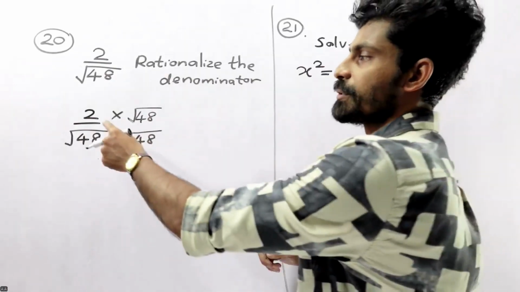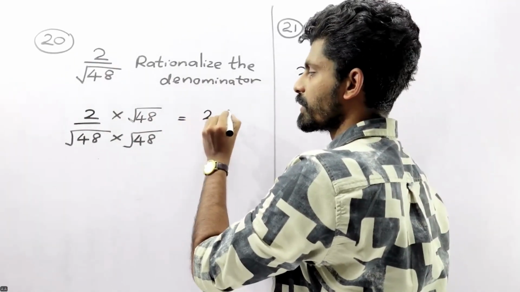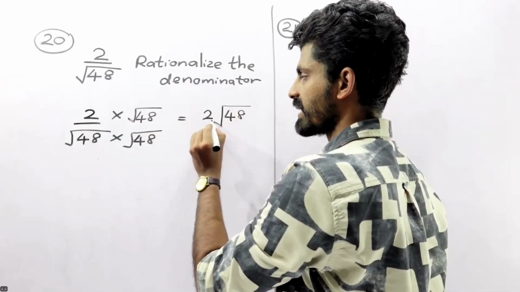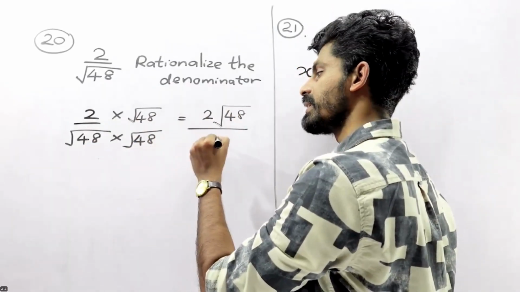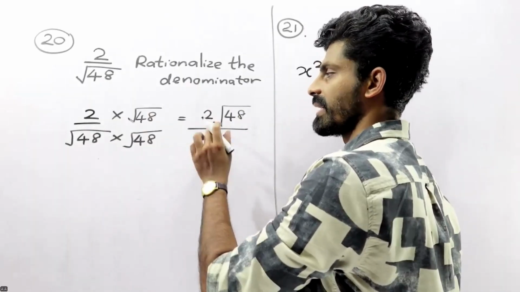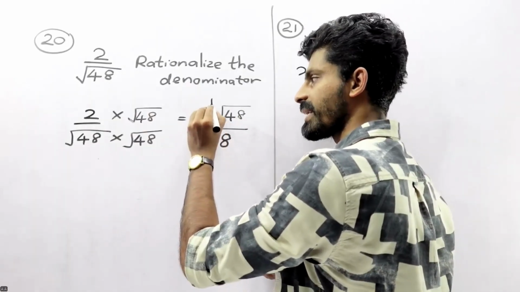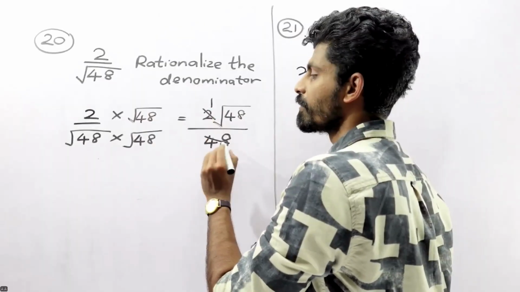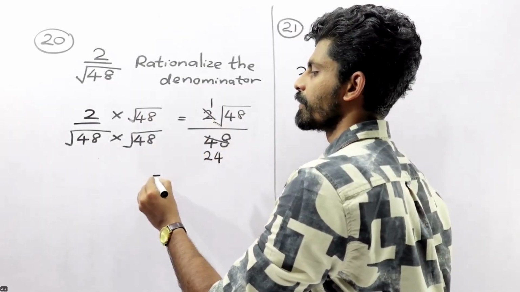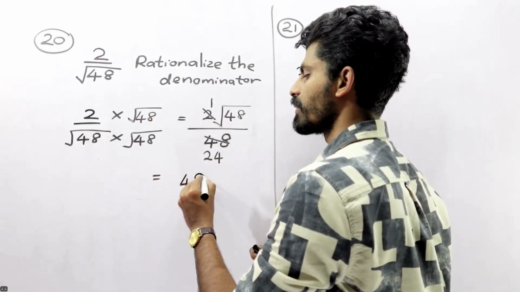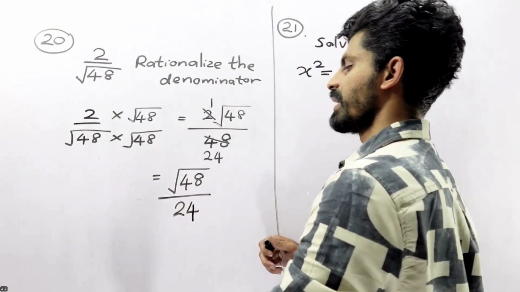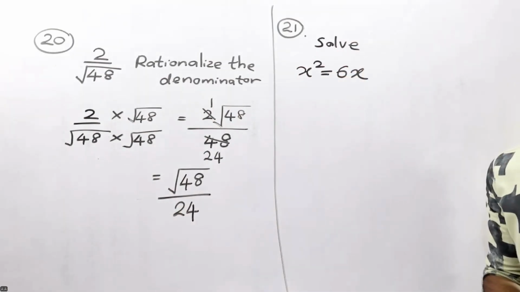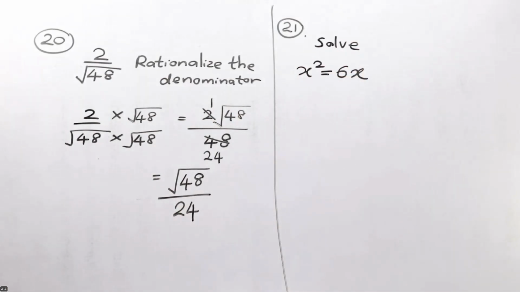Then 2 multiplied by the square root of 48. The square root of 48 multiplied by the square root of 48 equals 48. Then 2 and 48: 2 divided by 2 is 1, 48 divided by 2 is 24. So that means the square root of 48 over 24.